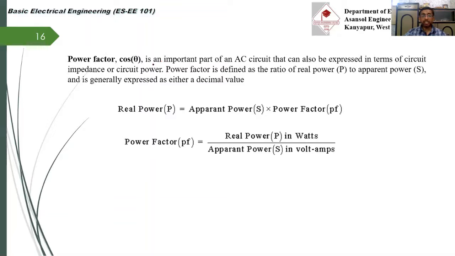Now, what is power factor? Power factor is an important part of an AC circuit that can also be expressed in terms of the circuit impedance or circuit power. Power factor is defined as the ratio of real power to apparent power, and it is a cosine term. Real power equals apparent power into power factor.